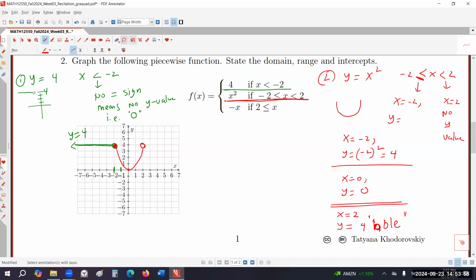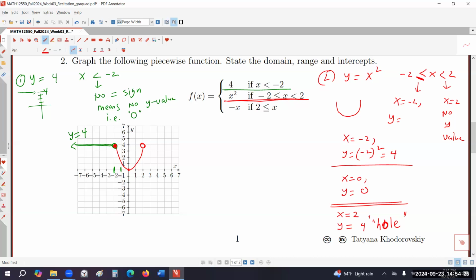But we don't have any y value. We simply have a hole there. Right. So if your domain for x doesn't have the equal sign, that is where the y value is supposed to be, we'll have a hole.